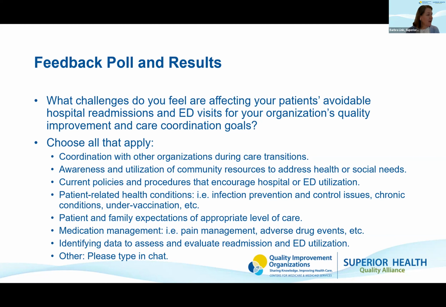So it does look like care coordination with other organizations during care transitions and patient-related health conditions such as infection prevention and control are the two top ones. Are you able to share that poll result? Are people seeing the final results there?